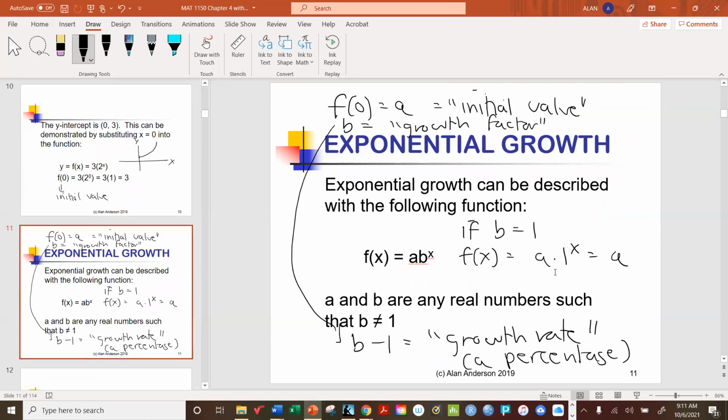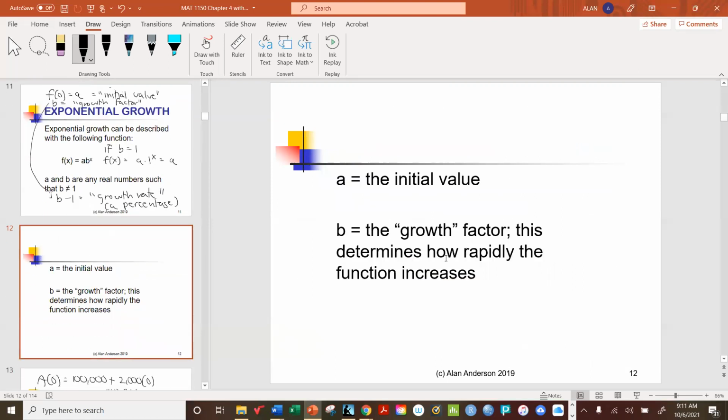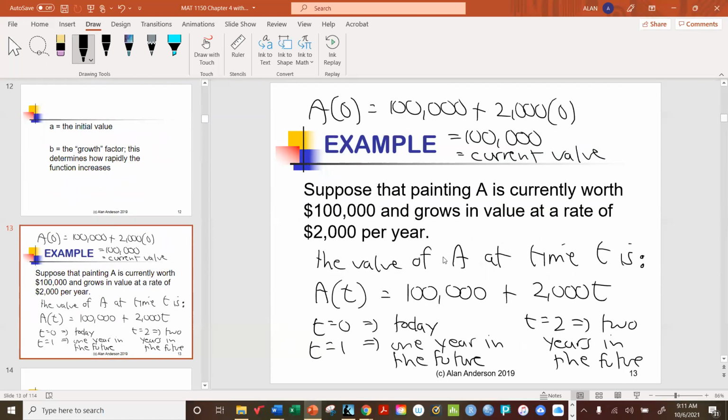Okay. Now, of course, exponential growth means that something is growing very, very quickly. So this function is showing you that x is the exponent. And so that's why the growth is so rapid. Now, we did this example with two paintings, one which is growing at a linear rate and the other which is growing at an exponential rate.